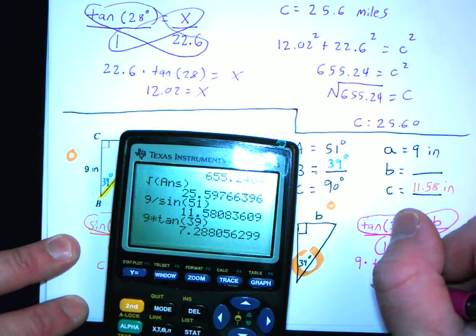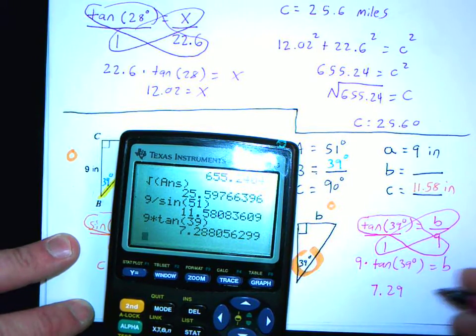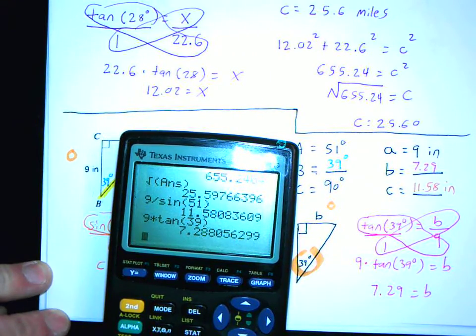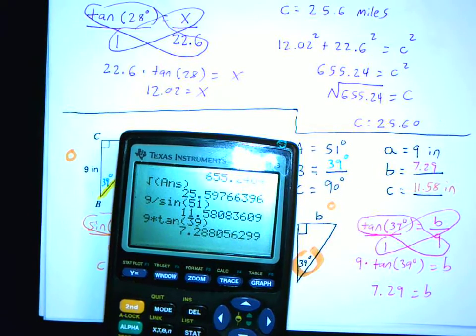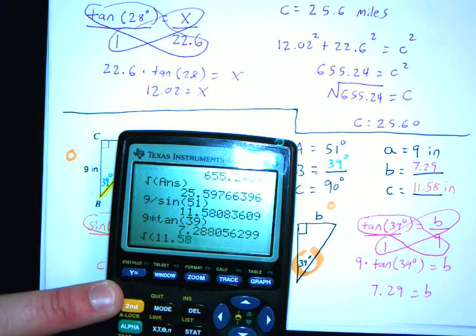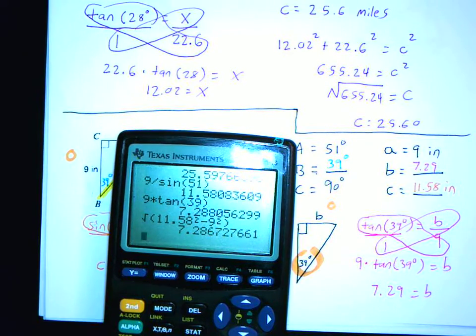And I get 7.29 if I round to the nearest hundredth. Just if you had used Pythagorean theorem, it would have been the square root of 11.58 squared minus 9 squared. Notice I am still going to get around 7.29. So had I used Pythagorean theorem, you would have got the same thing. So you have lots of flexibility.